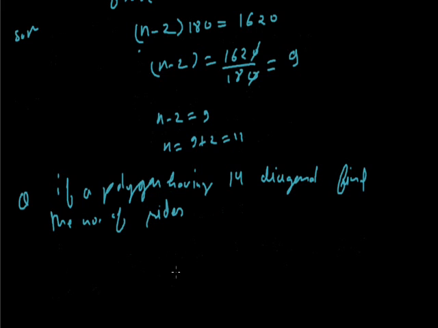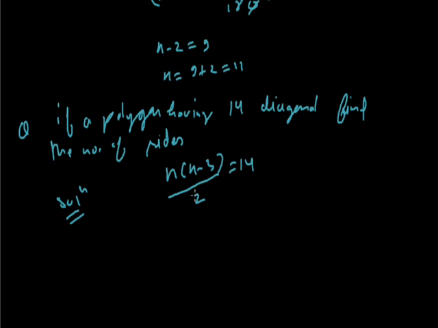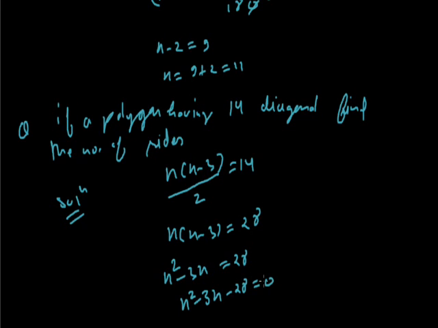Now as we know, the number of diagonals in a polygon is given as n into (n minus 3) by 2, which is given as 14. Now we cross multiply, that is n into (n minus 3) is equal to 14 into 2, that is 28. Now n into n, that is n square minus 3n, is equal to 28. Now we shift 28 to the left hand side. n square minus 3n minus 28 is equal to 0.